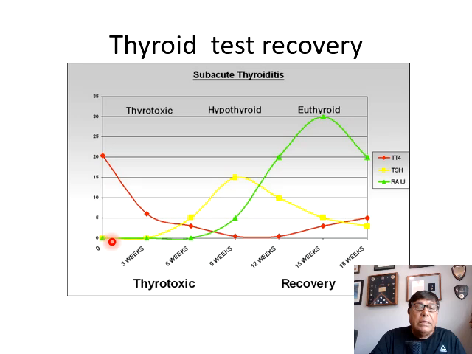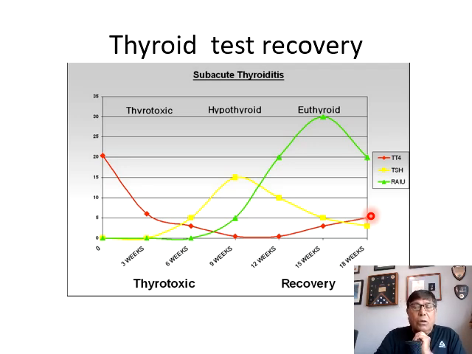As far as the TSH is concerned, it is initially suppressed, and it is not surprising that TSH goes up, and the main function of that is to bring the T4 within the normal range. Then you become euthyroid.